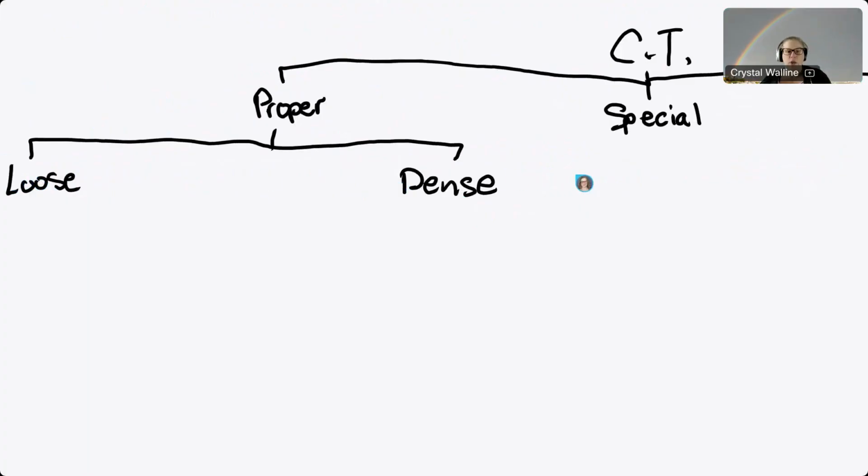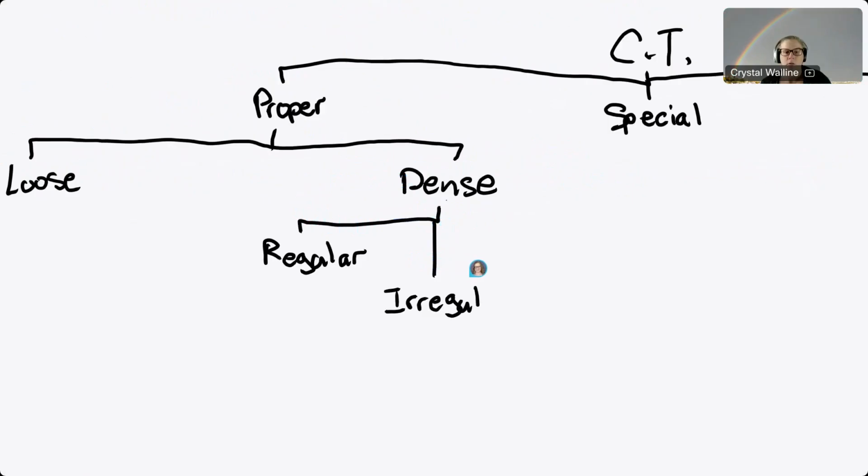Okay, so there are three different types or three different subcategories of dense, proper connective tissue. The first one is called regular. The second one is called irregular. And the third one is called elastic.